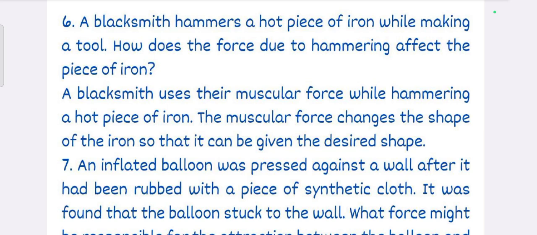The muscular force changes the shape of the iron, so that it can be given the desired shape.